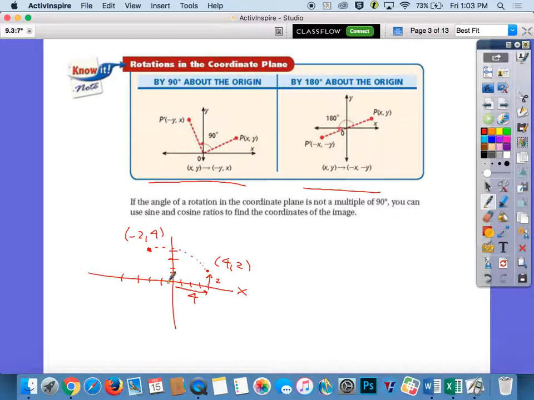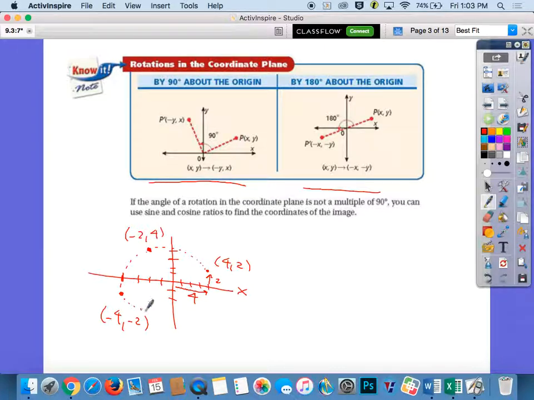I can carry it on. So if I took this guy, I'm going to end up, according to this little formula here, at negative 4, negative 2. Well, now I want to get into this quadrant if I want to go 90 more degrees. So I'm going to take 4 steps towards the quadrant I want to be in, on that axis, and then 2 steps down. And that gets me to negative 4, negative 2.